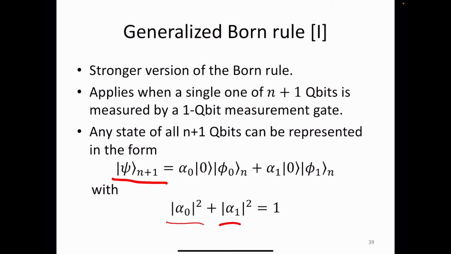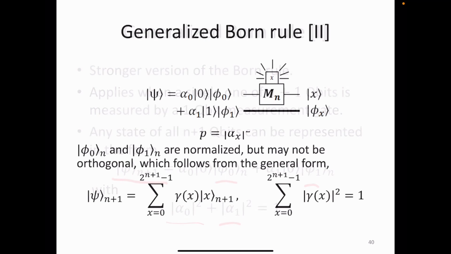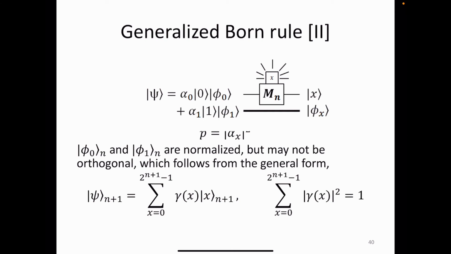Okay, so if we're talking about subspaces again here, if we now look at this state here where we have alpha sub 0 for the 0 subspace, so with psi 0 here, and alpha sub 1 with the 1 subspace, and psi 1 here, this one should be squared.